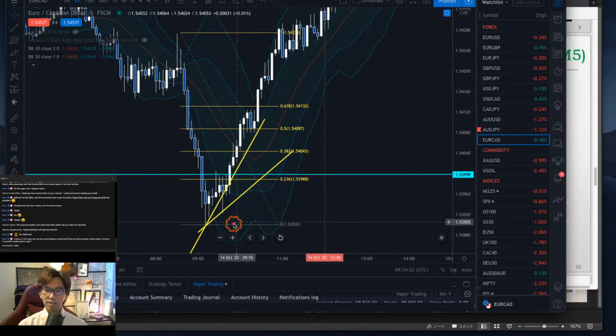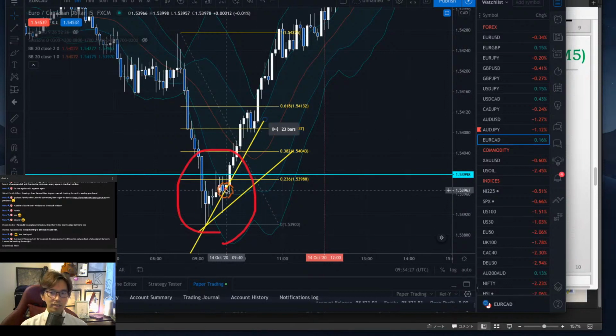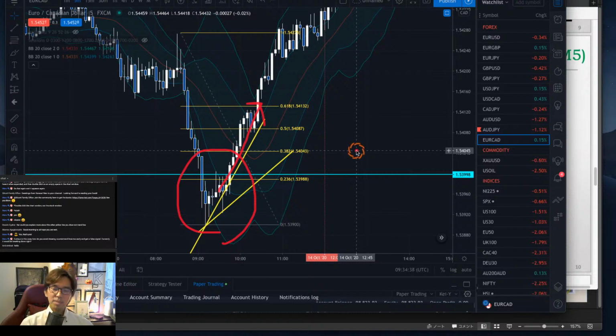We were discussing here, and exactly the same, there was a candle trend line, a Fibonacci 23.6% bounce, but the price went up afterwards. So this might happen on this AUDJPY pair.